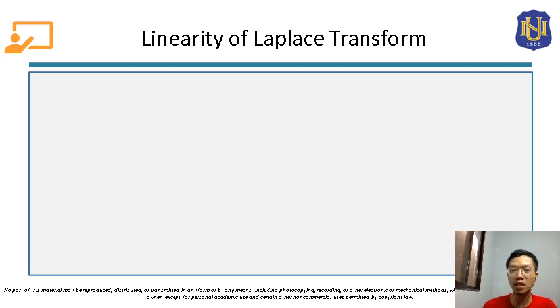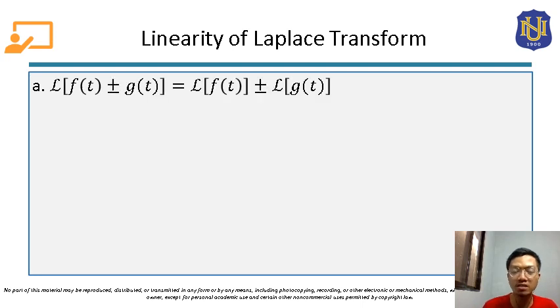So linearity of Laplace transform has two propositions. The first one is the Laplace transform of a sum or difference of functions will just be equal to the Laplace transform individually of the functions. So we will just distribute the Laplace transform sign here.